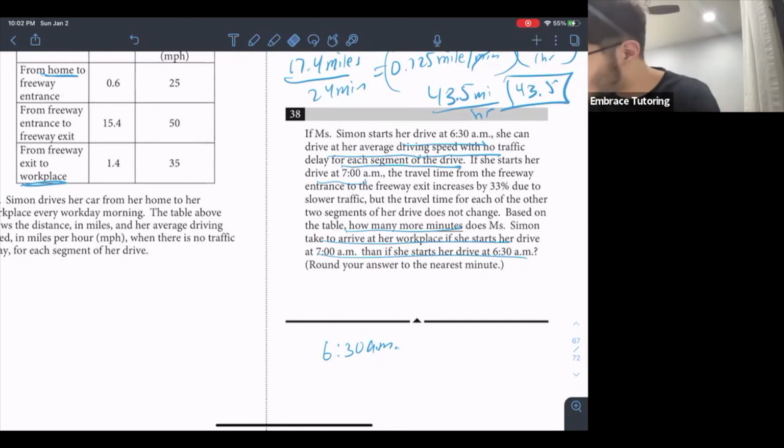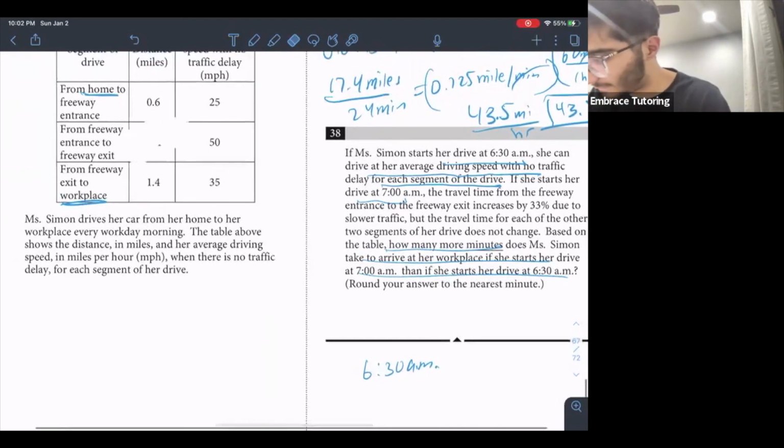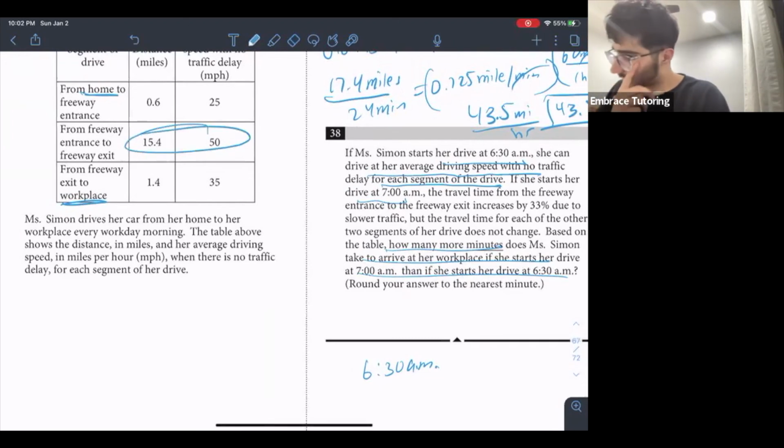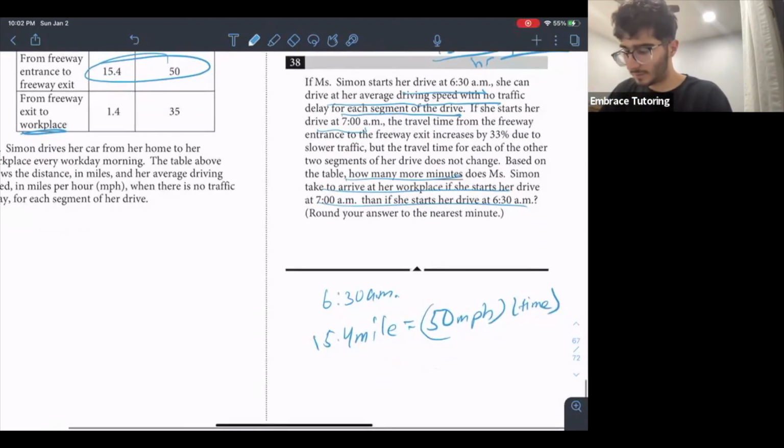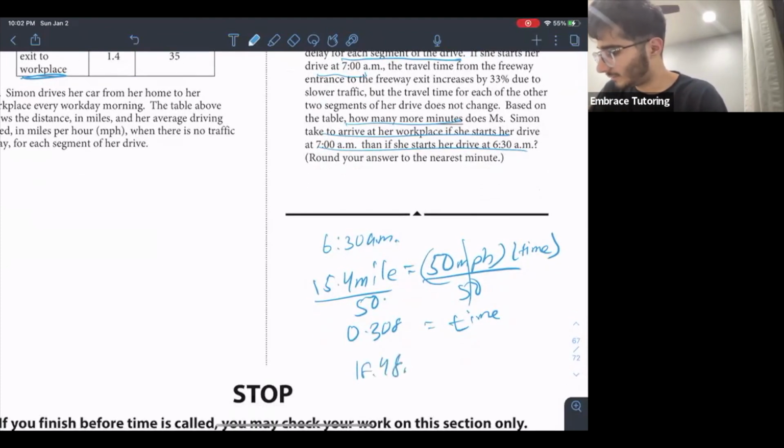For the travel time from the freeway entrance to the freeway exit, 15.4 miles is equal to 50 miles per hour times the time. So you divide 15.4 by 50 to get time equal to 0.308. And then you multiply by 60 to convert hours to minutes, to get 18.48 minutes.